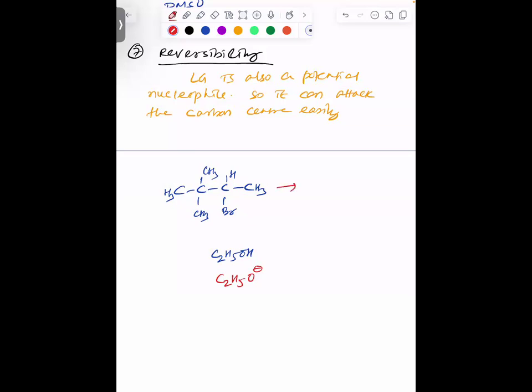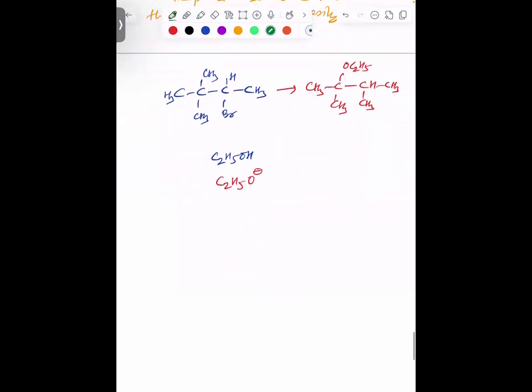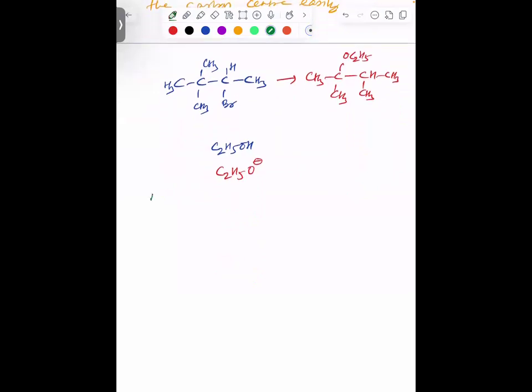Now the product is this. So how to write the mechanism?